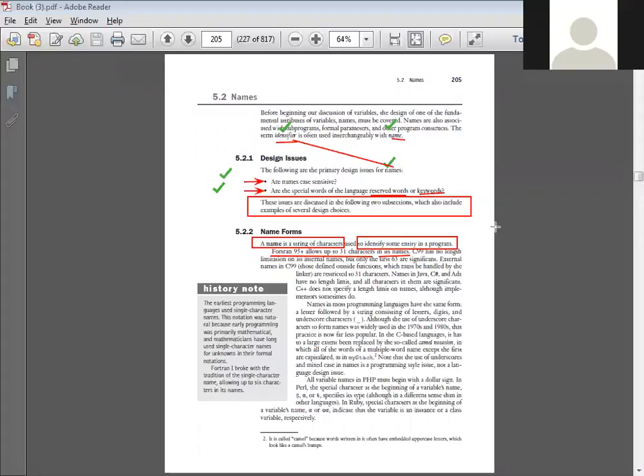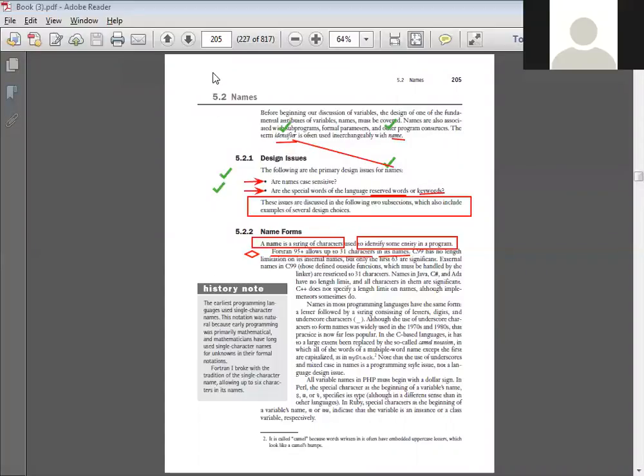The characters in my name would be P-R-I-S-C-I-L-L-A. There are 9 characters in my name. In this case, Fortran would allow me to use my name because it has less than 31 characters. All right.